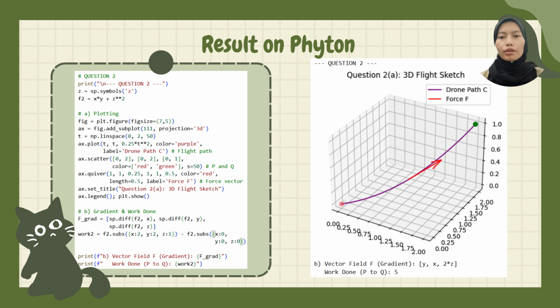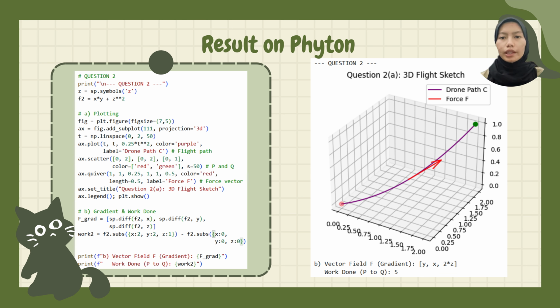We include a red arrow using the ax.quiver function to represent the force vector acting on the drone at a specific point in space. We utilize the sp.diff function for each variable x, y, z to derive the gradient vector field. This tells us the exact force components in i, j, k influencing the drone's movement.